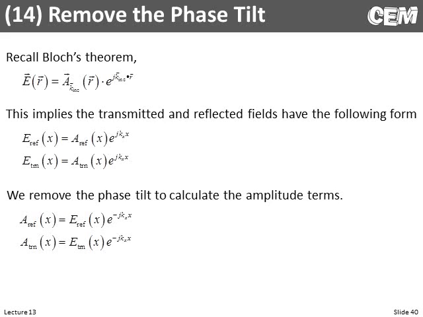Now once we have these, we're going to need to remove any phase tilt if we've incorporated any kind of angle of incidence. Remember, we're going to take an FFT of the field because it's periodic to calculate the amplitudes of the spatial harmonics. However, remember, it's really not the field that is periodic in that regard, it's the amplitude portion of the wave. So our total electric field is not necessarily periodic. It's only going to be perfectly periodic at normal incidence.